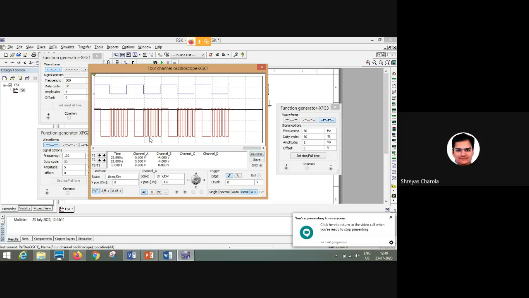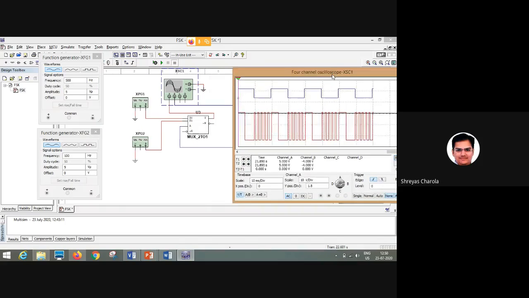I don't want this output. I'm looking for a different output.